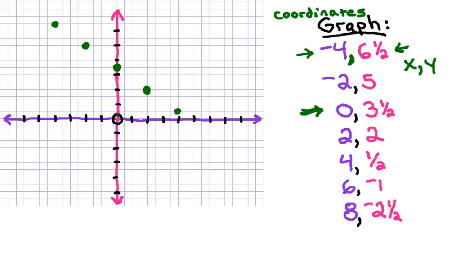Your next set of coordinates is 6 and -1. So we're going to go over to the right 6. That's a positive 6 on the x-axis. So we're going to go to the right 6 marks, and then -1. So that's -1 on the y-axis.